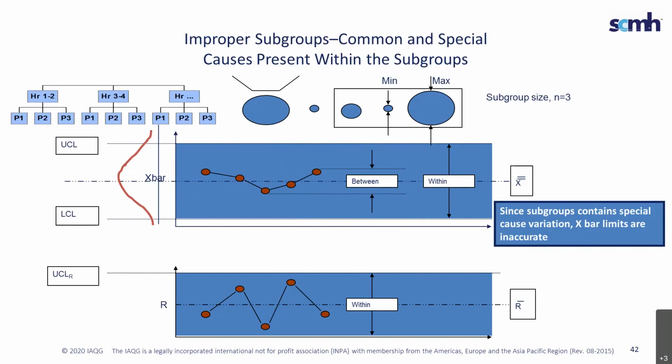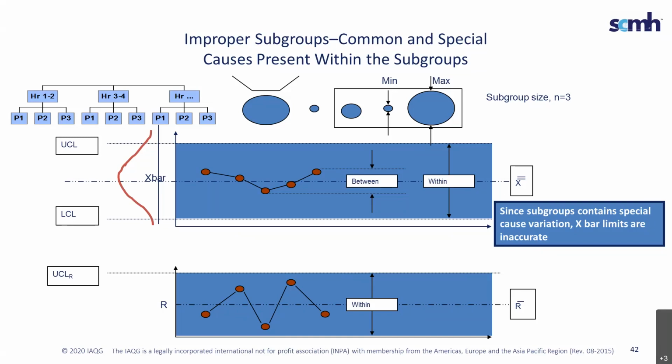Remember, hour 1 and hour 2 are slightly different, but if I plot it as 1 point, I'm going to start looking at that within variation, and it's going to be very, very wide. And so when I plot that on a chart, this chart shows that the control limits are actually a lot wider. I have the same samples, but my control limits are much wider because I used much more variation for my within.